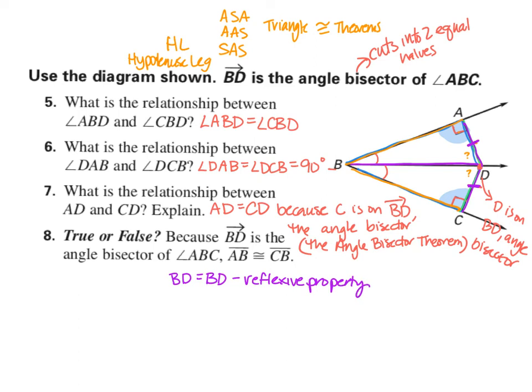And basically, your reflexive property says that if your two triangles are sharing a side, then that side is congruent or equal to its own self. And since BD equals BD, we can also say that the hypotenuses are equal because BD is the hypotenuse of each one of these triangles.